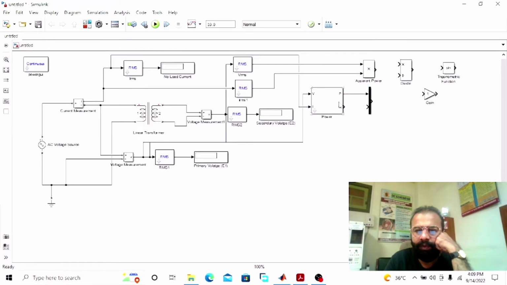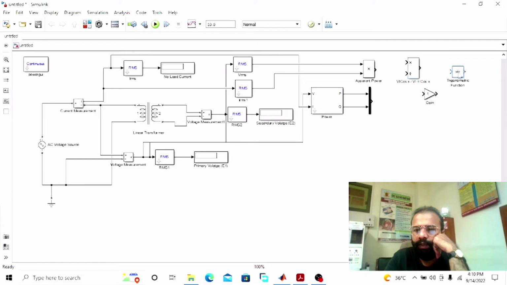This P will give us the active power and this will give us the reactive power. Now the power factor is the ratio of the active power, VI cosine of the angle, divided by apparent power VI. So this will give us the cosine.